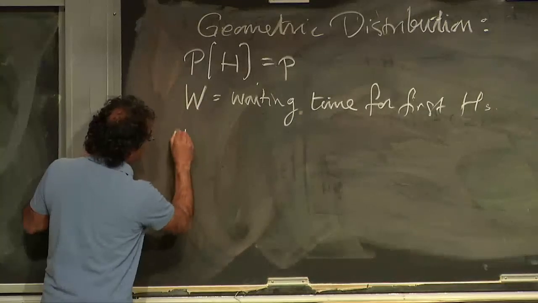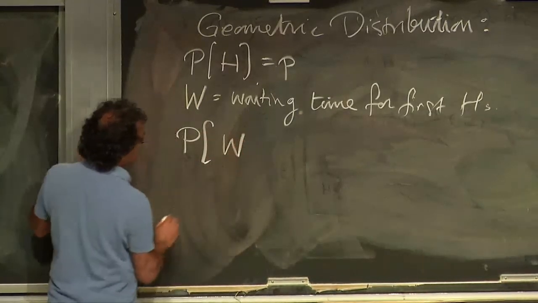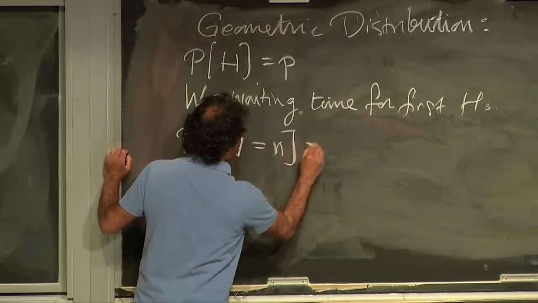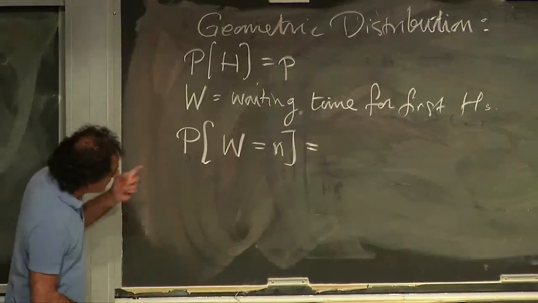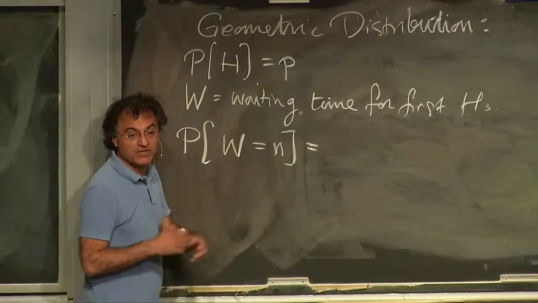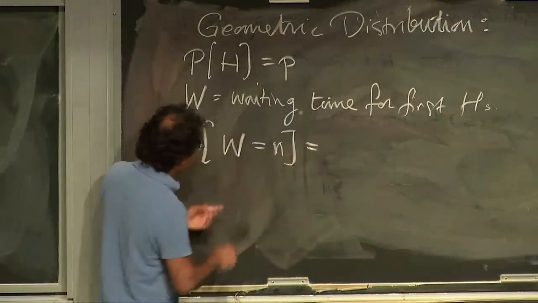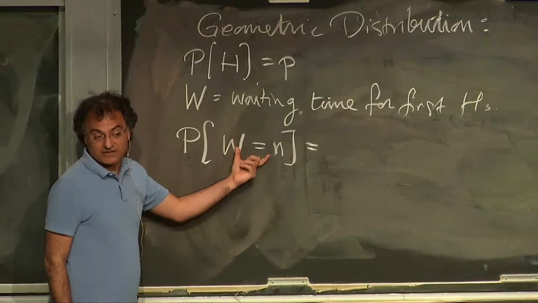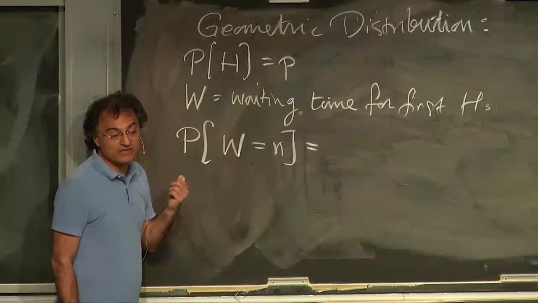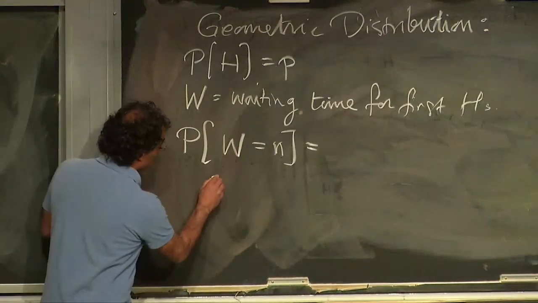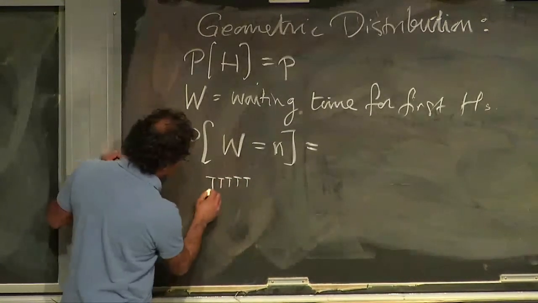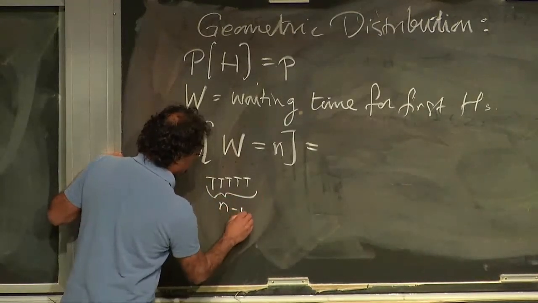So what's the probability that W is equal to n? Well, in order that the waiting time is exactly n, it must be the case that you got n minus 1 tails in a row. So this is an event, and there's exactly one sample point that's consistent with it: tails, tails, tails, tails, tails, n minus 1 of these, and then you got a heads.